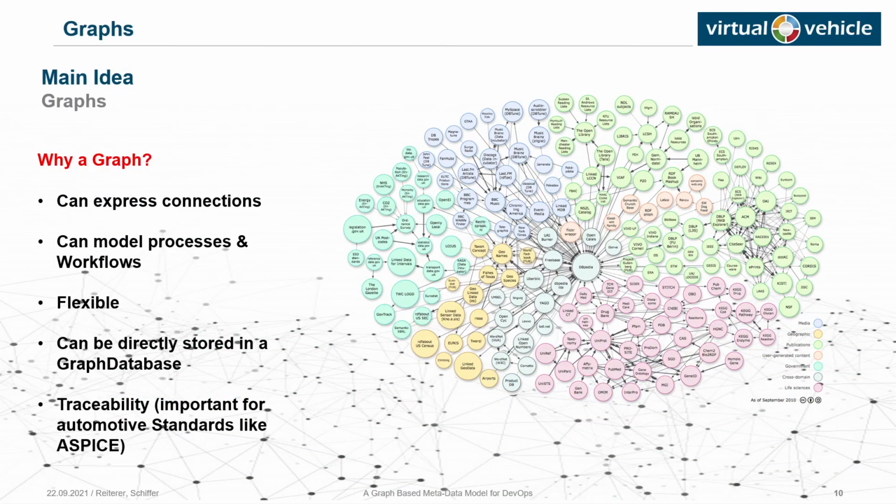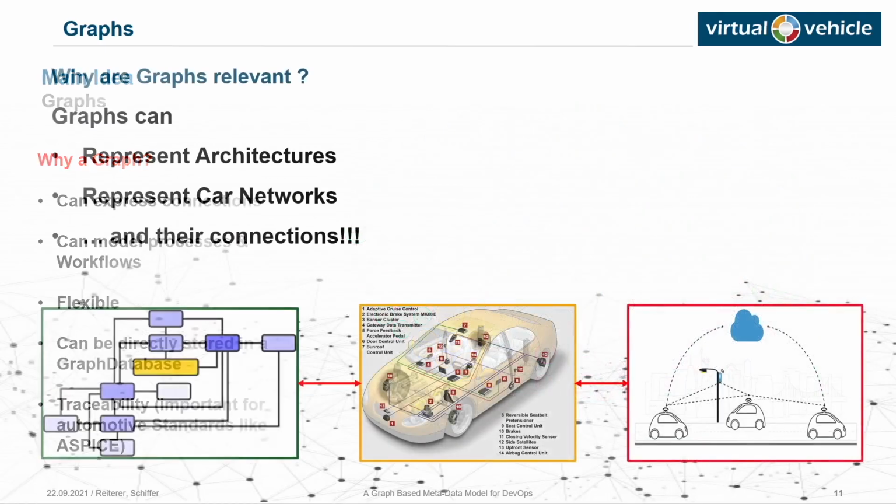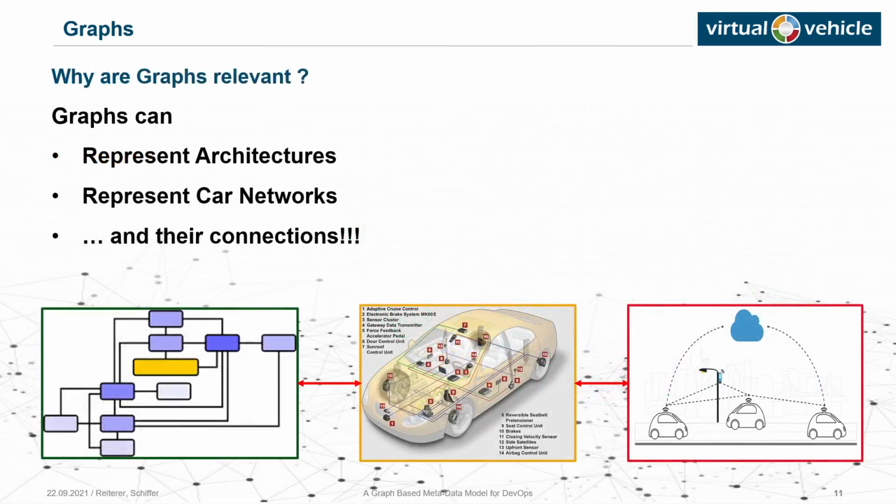So why graphs in the first place? First, graphs can express connections, we can model workflows, they are very flexible and versatile, and they can be stored in a graph database. And also it allows traceability because you just have to follow the graph inside the structure. So why are they relevant for us?